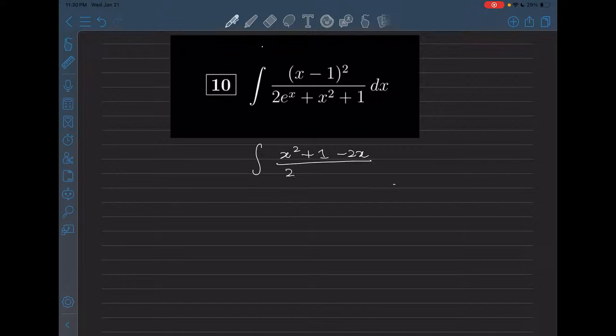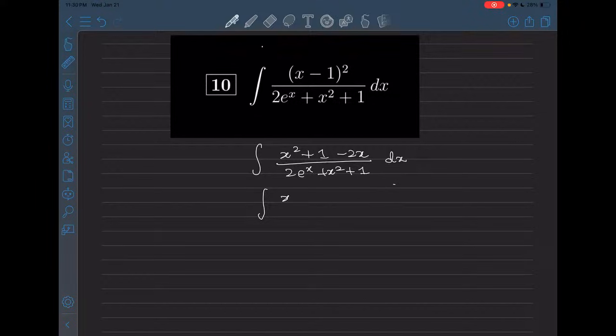Now, after this, what? Now, x squared plus 1 is the same in both numerator and denominator. Yes, I also saw that.